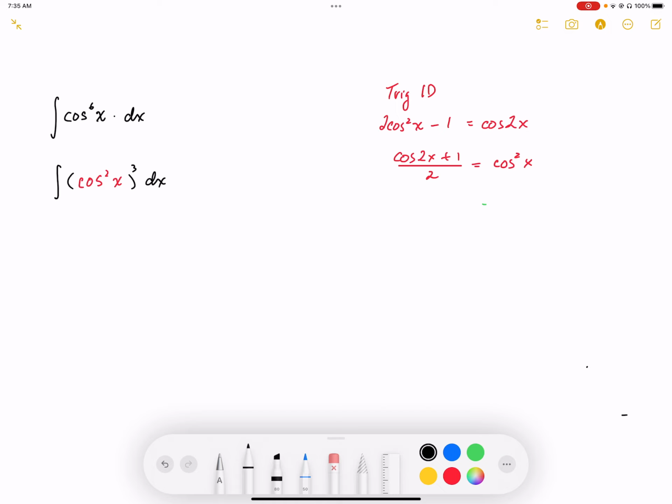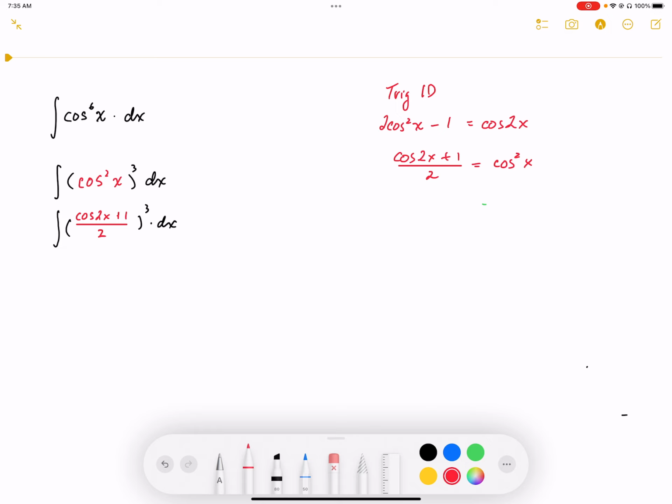So the first thing I've done is I've rewrote the cos 6x as cos squared x all to the power 3. And then I'm going to replace that cos squared x with that identity, cos 2x plus 1, all over 2.